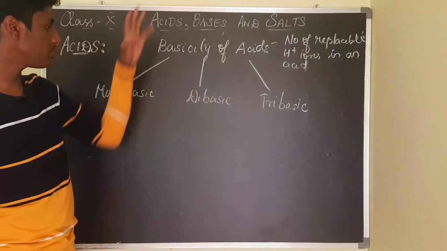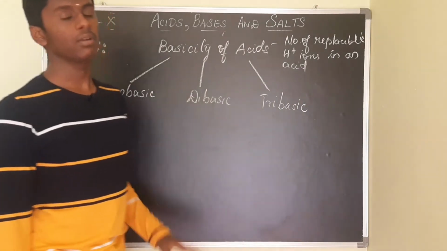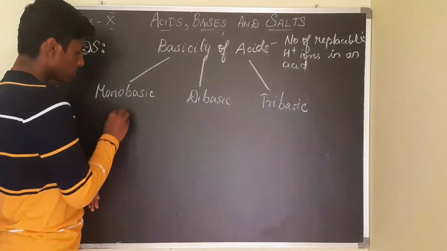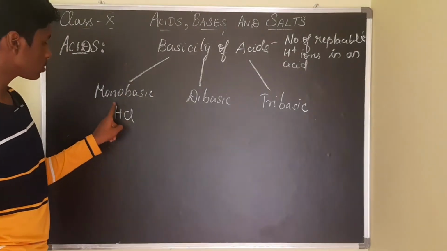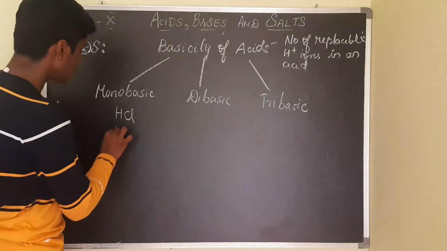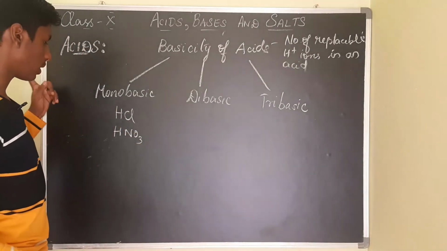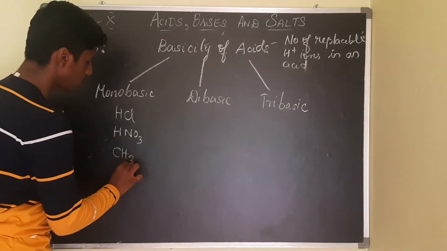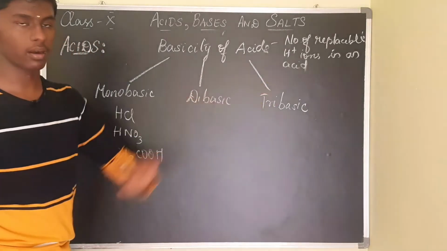We have divided that into monobasic, dibasic and tribasic and we'll talk about them with examples. HCl, see only one H is present, so only one H plus will be liberated. Similarly HNO3, here too one H plus will be liberated, and CH3COOH, here too one H will be liberated.